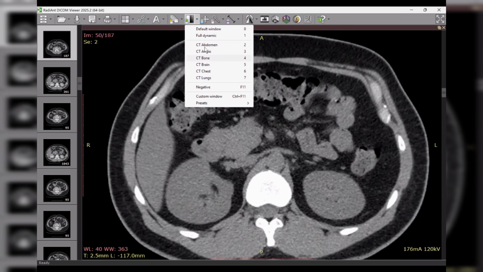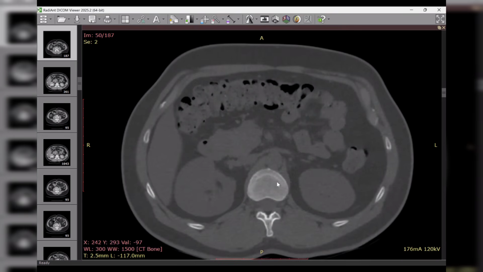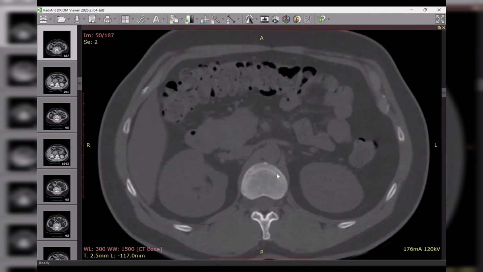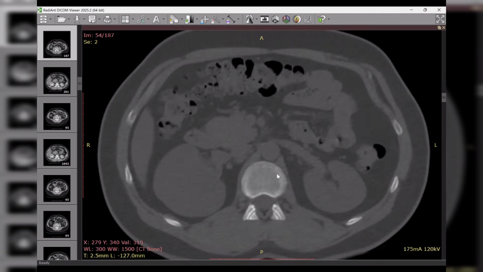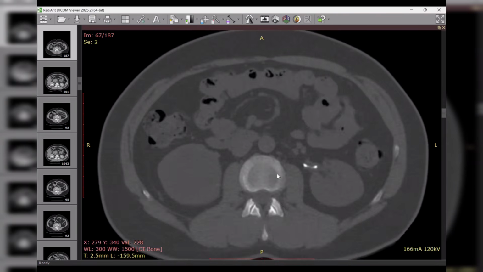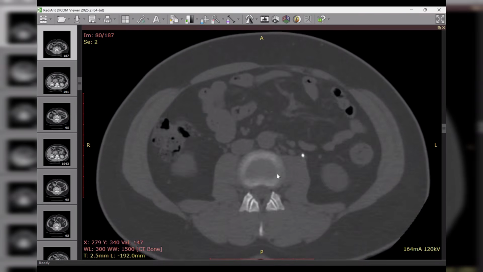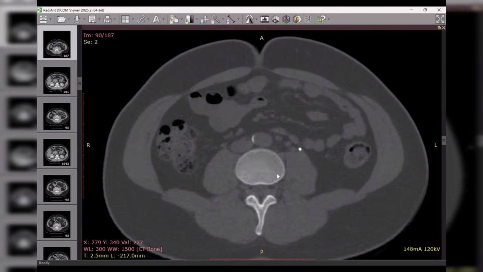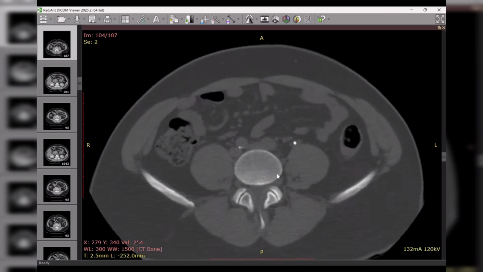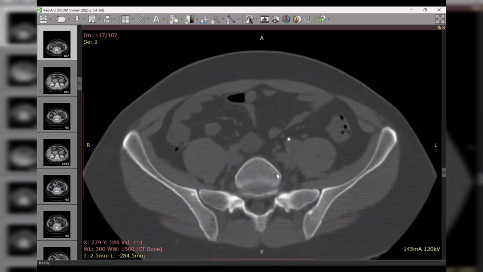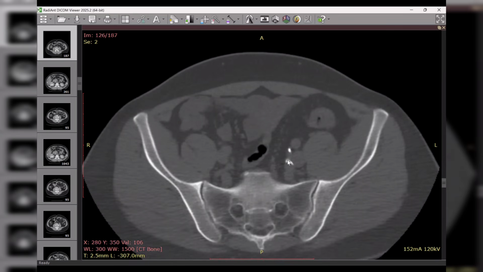Let me first go for the window, as Dr. Muhammad stated in his first or second case. When we see a stent, what can we do? Have a look at it in the bone window. You got my point here.